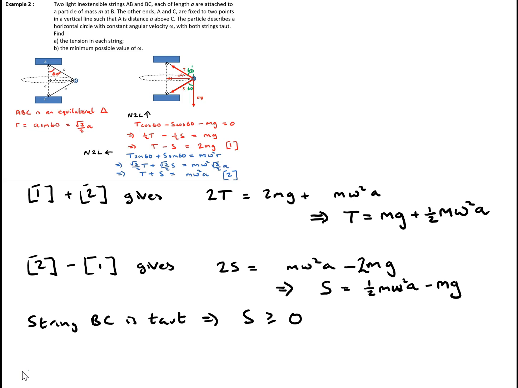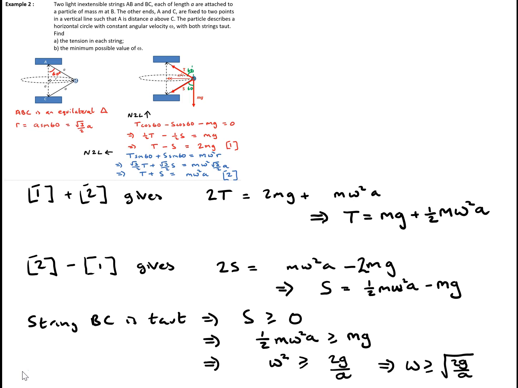That means that a half m omega squared a minus mg must be greater than or equal to 0. In other words, a half m omega squared a has got to be bigger than mg, which means that omega squared must be bigger than 2g divided by a, so omega must be bigger than the square root of 2g over a. So the minimum possible value of omega is root 2g over a.